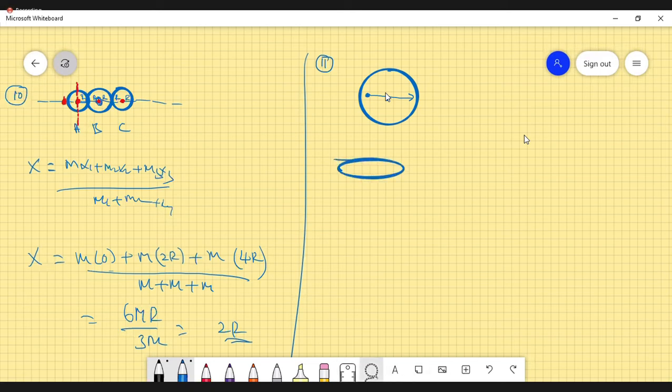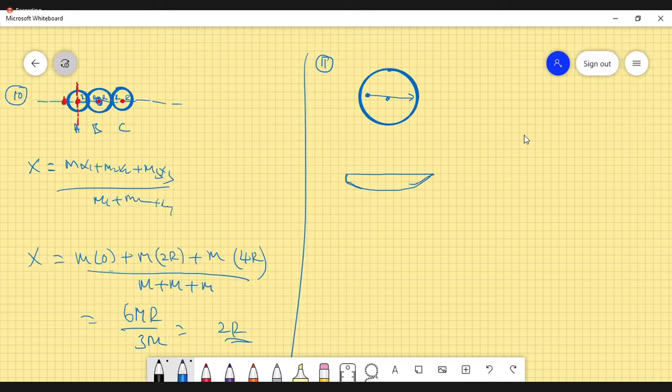Yes, sir. If the boy was not there, the center of mass will be at the center of the boat. If we consider only the boat, then it will be the center of the boat. I'm coming to the boy.